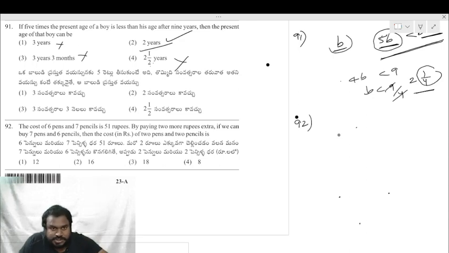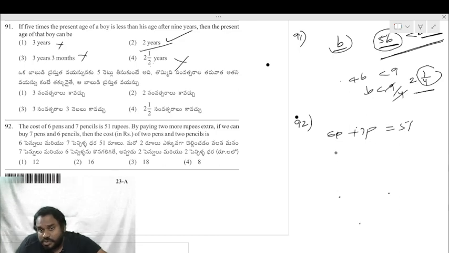Okay, next question 92. The cost of six pens and seven pencils is equal to 51.